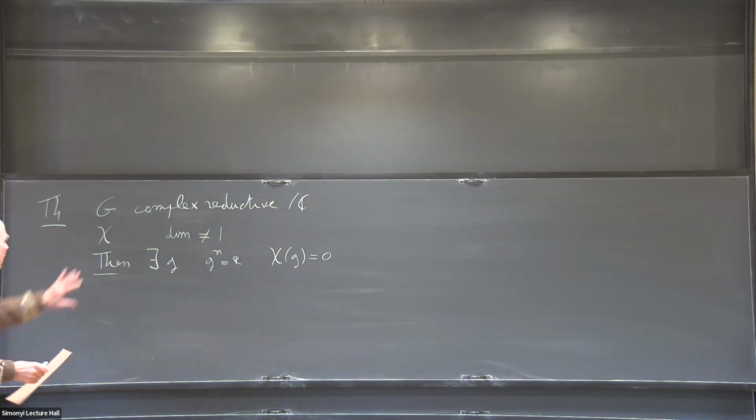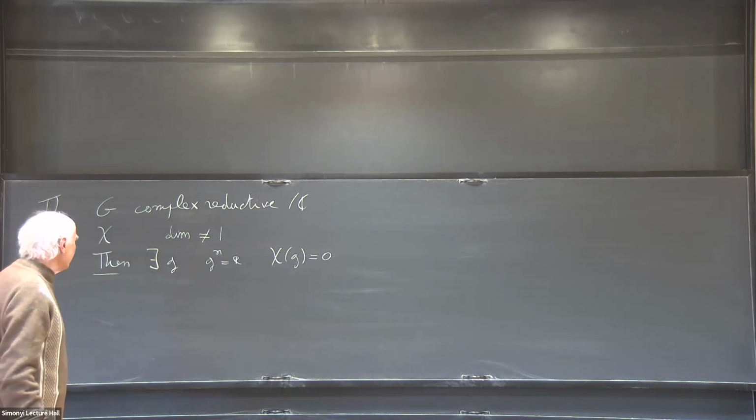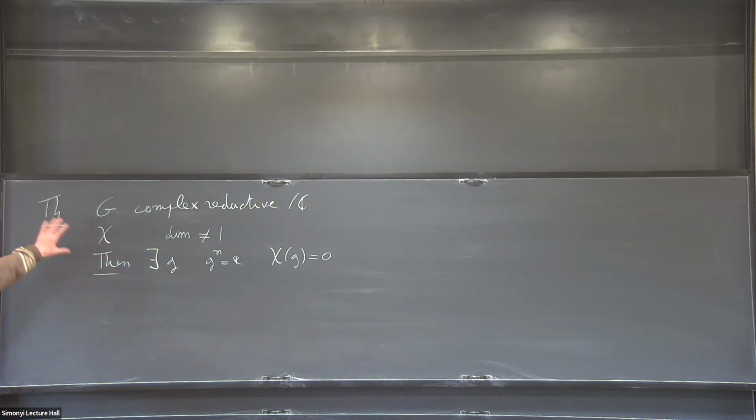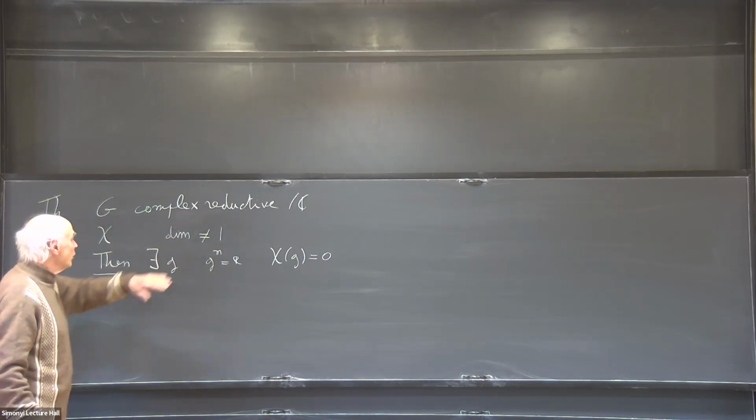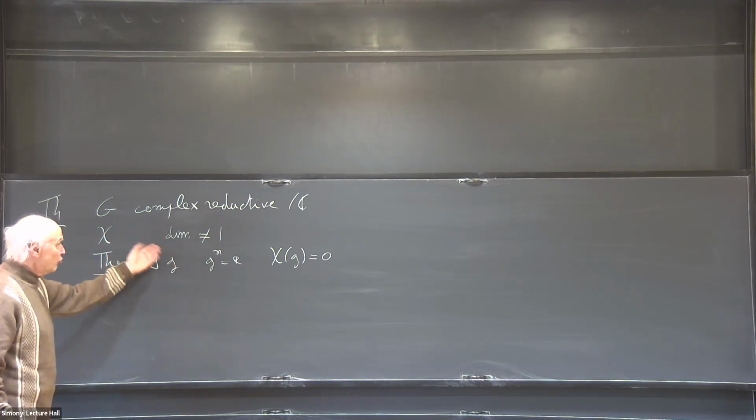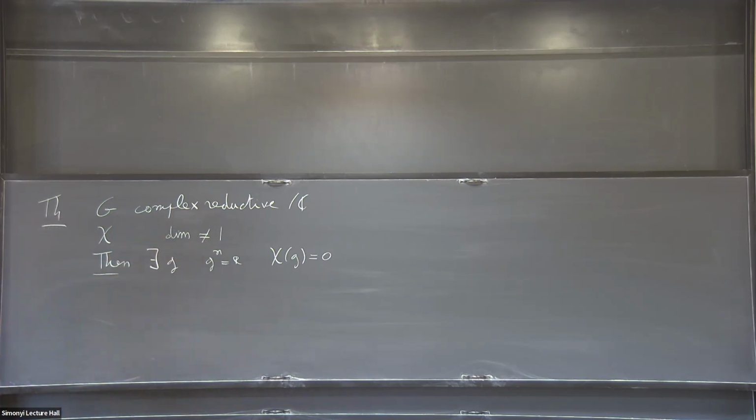Now, there are a number of variants. For instance, this is completely equivalent to the same statement if you take a compact Lie group and an irreducible complex character of dimension not one, with the same conclusion.